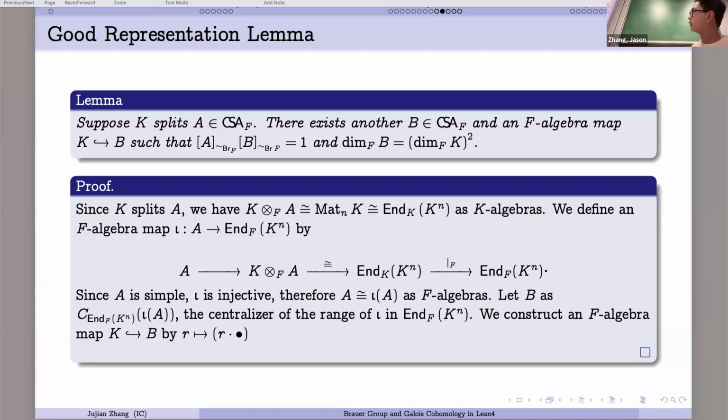So the first thing we do is, if K splits A, then there exists a central simple algebra B such that A and B are inverse in the Brauer group sense, and the dimension of B is correct.